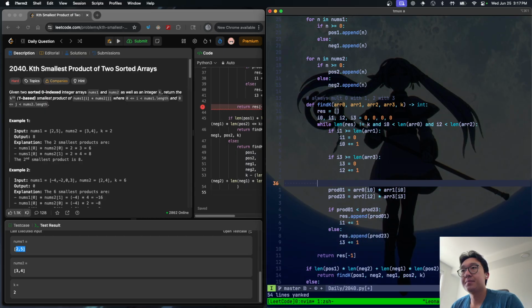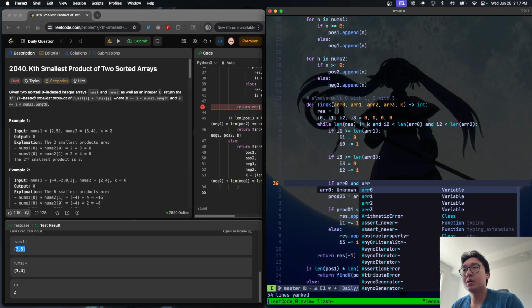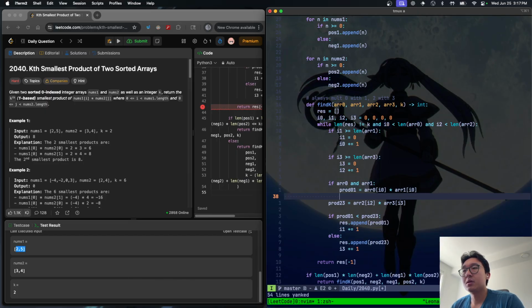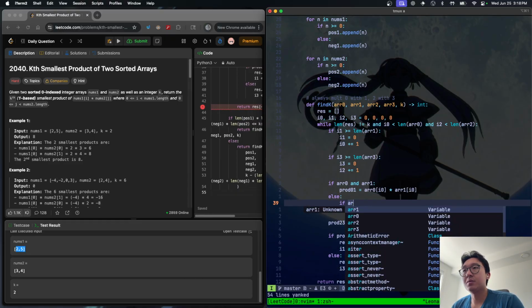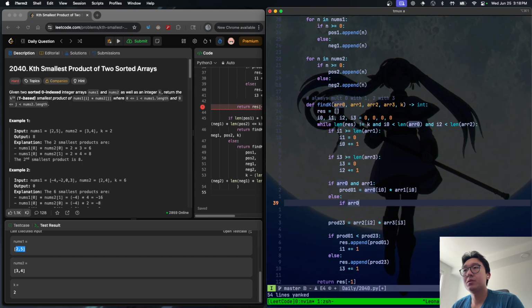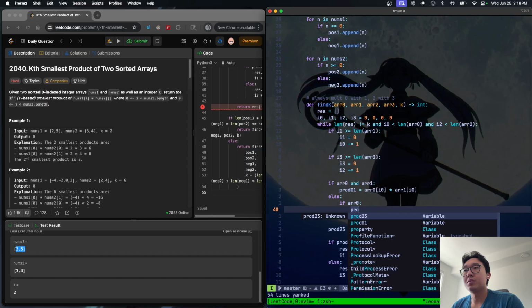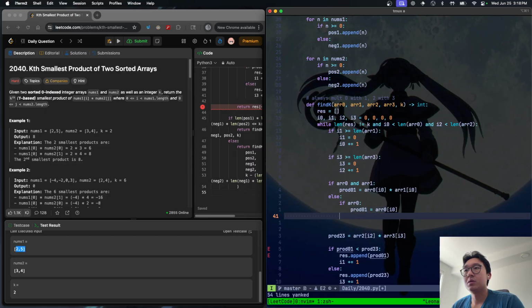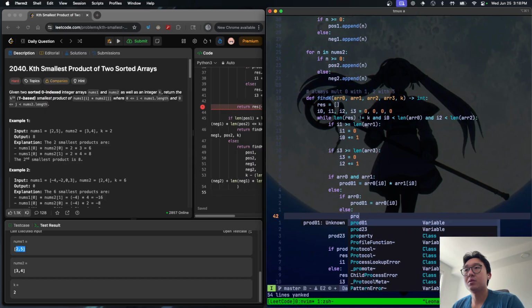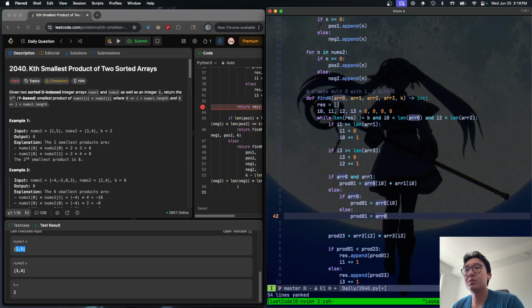If R0 and R1, then this, else if R0, 1 is equal to array 0 index 0, else 1 is equal to array 0, array 1, and 1, right?